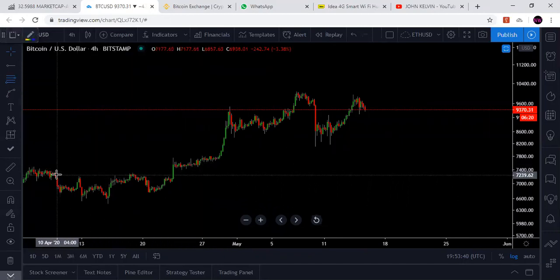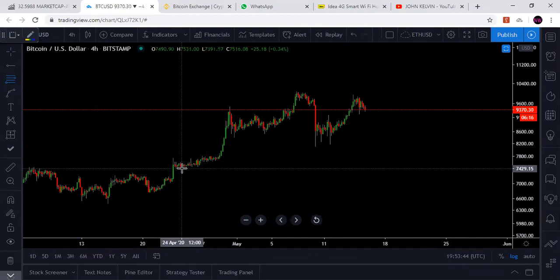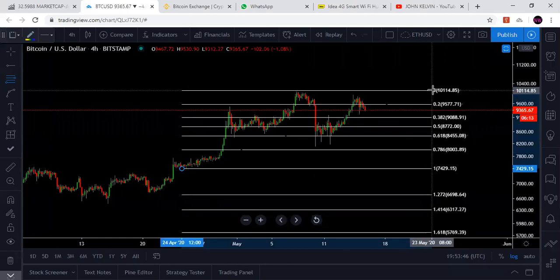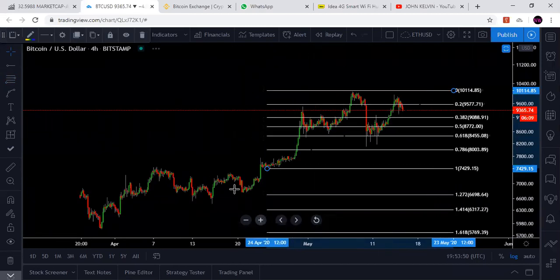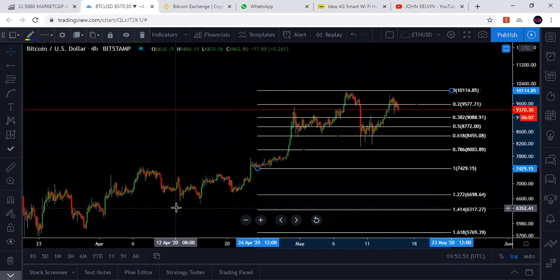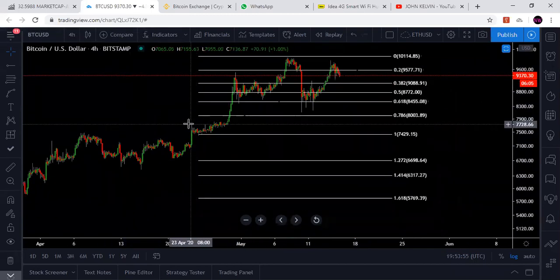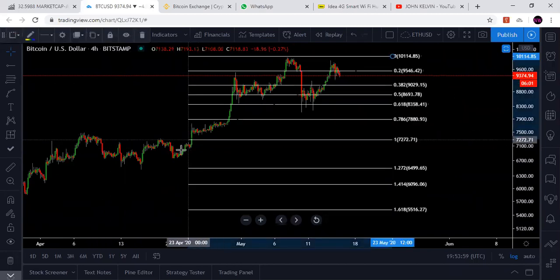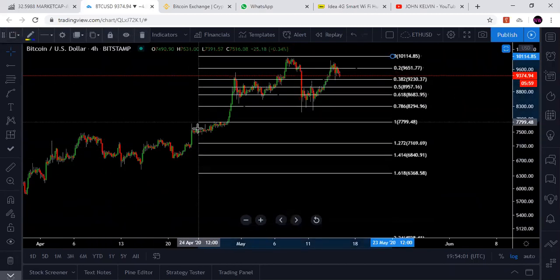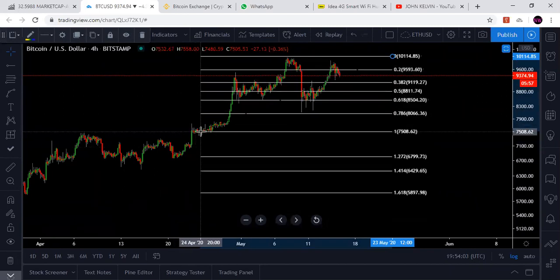That is horizontal resistance here. So we start from here. Another thing again, you can either start from this resistance here, or you can start from here. But I will leave it at this for now.